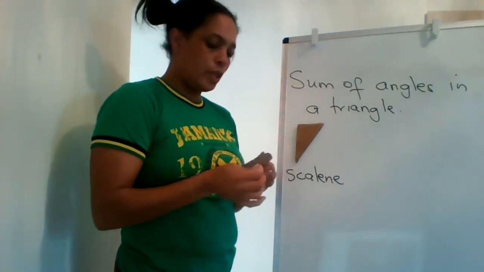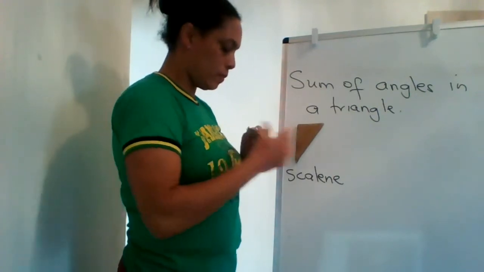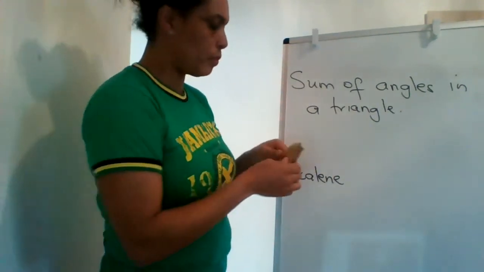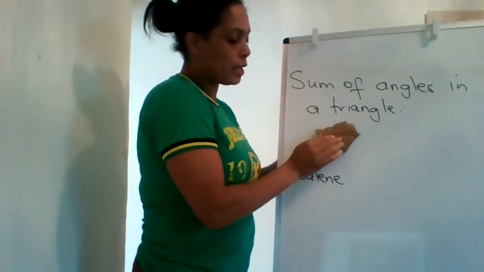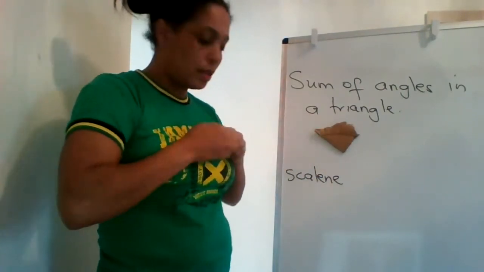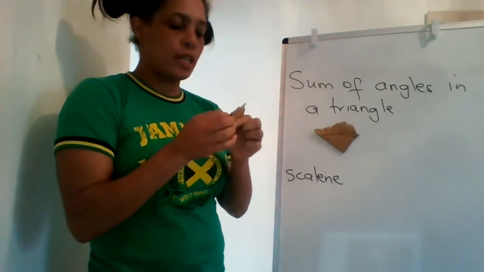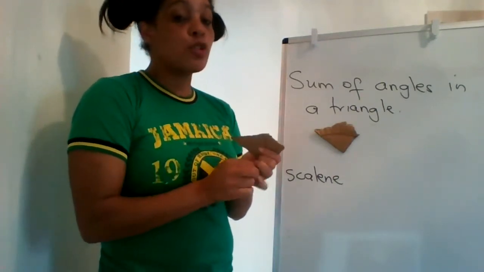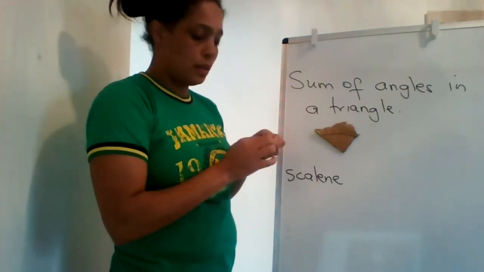Okay, so let's remove this one. This is one of the angles of the triangle. That's one angle that was torn off. Now, let's look at another angle of the triangle. That triangle that I had, I've torn off all three angles. So that was one angle.